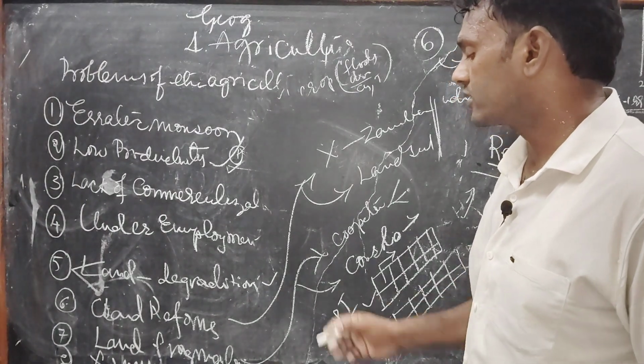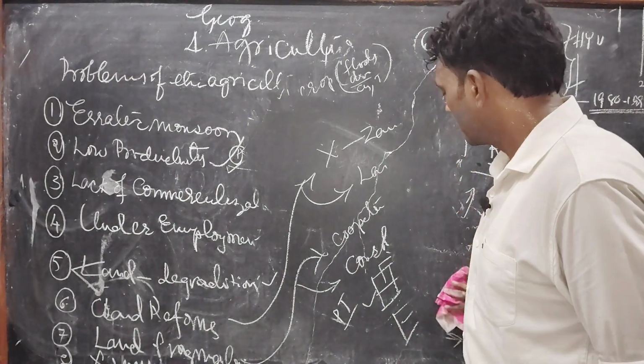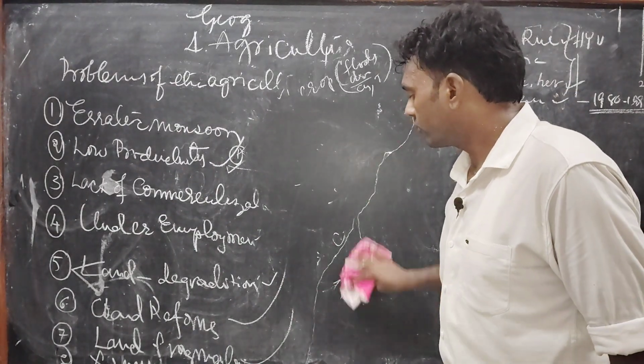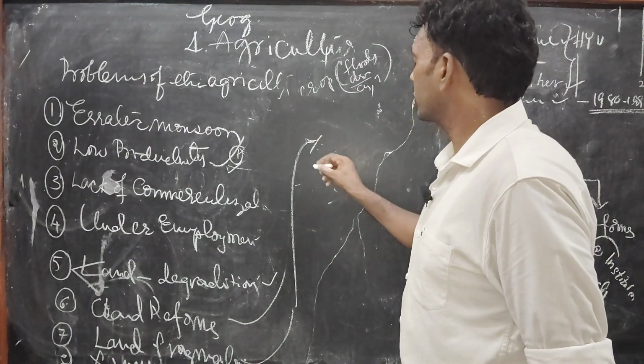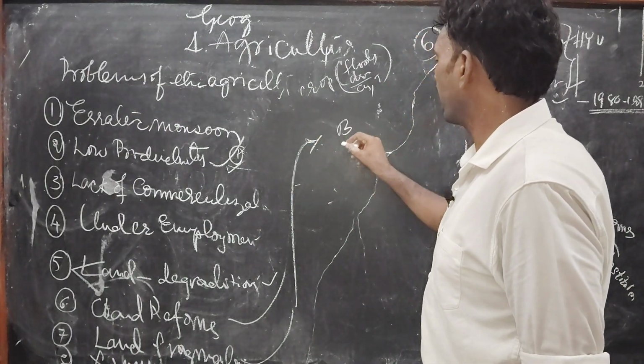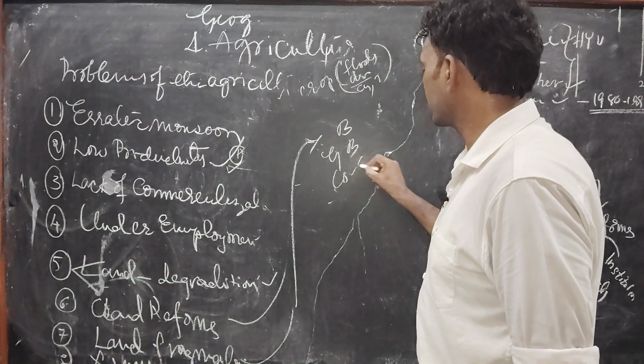Coming to financial support. For giving financial support to the farmer, they established banks, Grameen banks and also cooperative societies.